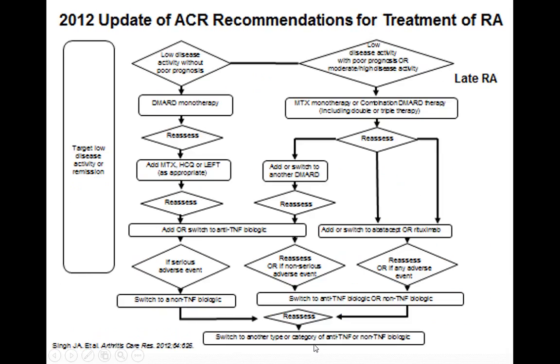This is late RA. In late RA, you look at low disease activity with poor prognosis versus moderate to high disease activity, again, monotherapy or combination therapy. And you'll follow that, and they can reassess and change therapies as appropriate.